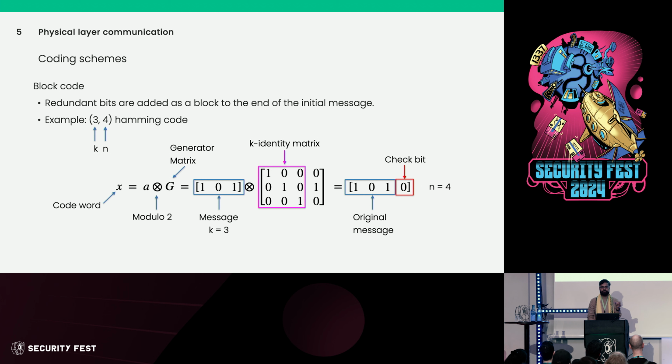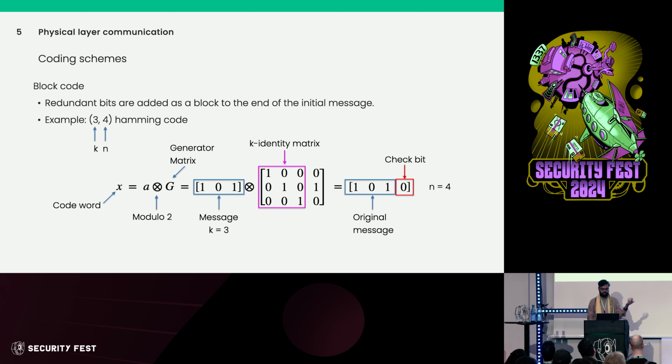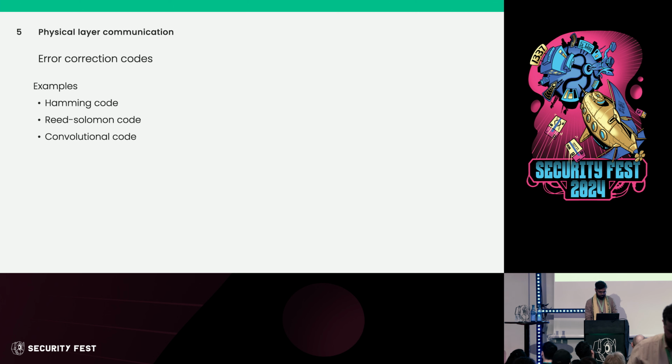It cannot do for something that is smaller than a block. And then there are continuous codes which can be used in some sort of streaming system, right? So for example, for block code, there is something called Hamming code, widely covered in computer network courses in universities. Second one is convolutional code. Maybe you read about it, maybe you didn't, depends upon which book you picked up.